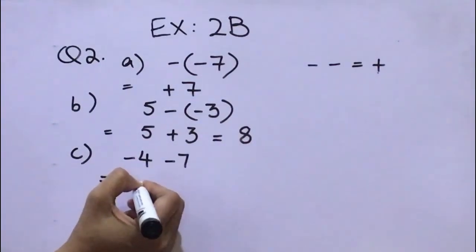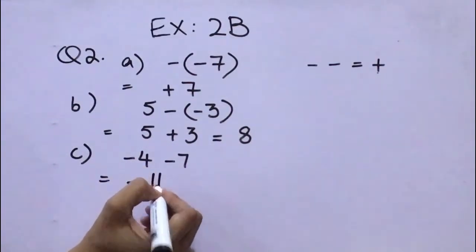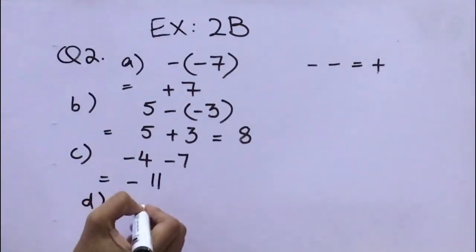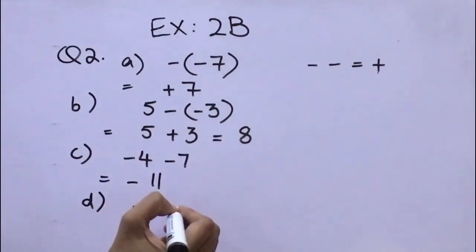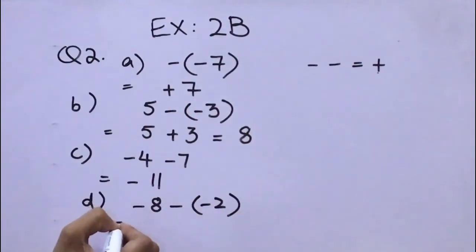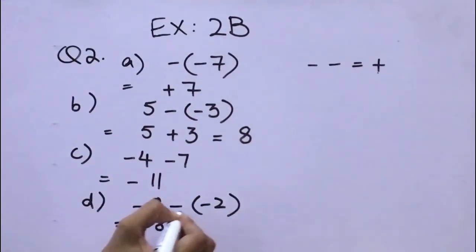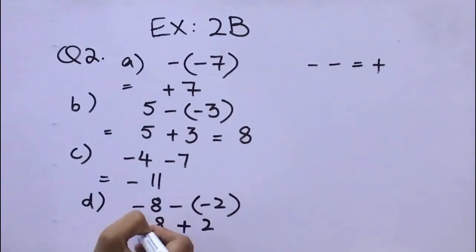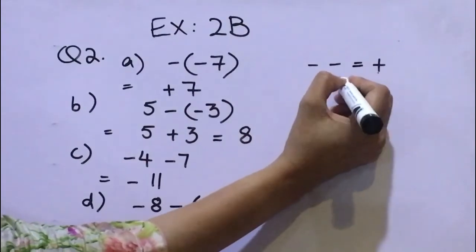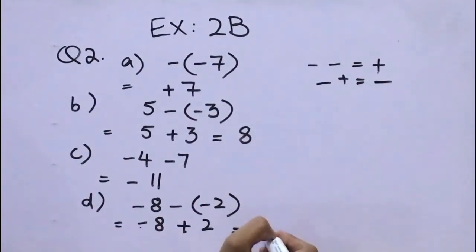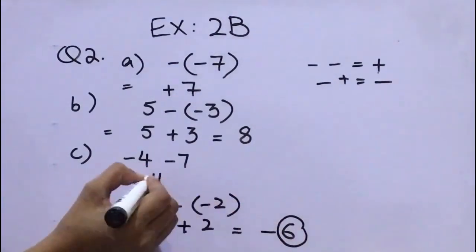So it would be minus 11. D. Minus 8 minus 2. Minus 8 minus plus 2. Minus plus will behave like minus. So it's minus 6.